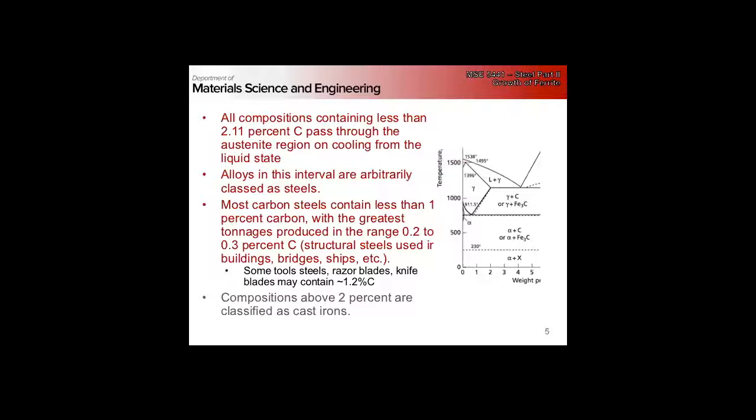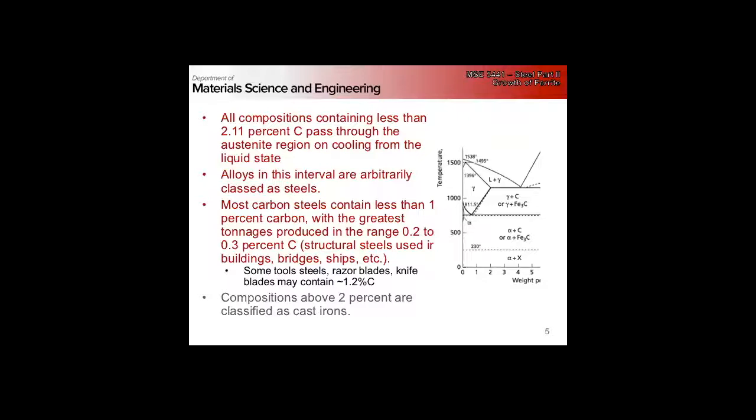The only exception to this are things that are around 1.2% carbon, and these are some tool steels, steels used for razor blades, some knife and other cutlery steels. But for the most part, the biggest tonnage is 0.2 to 0.3%, right? And this is our low carbon structural steels.